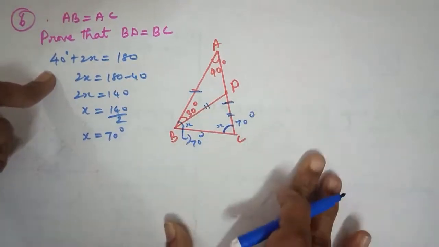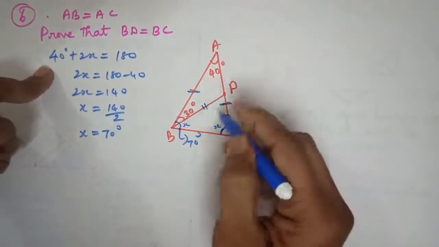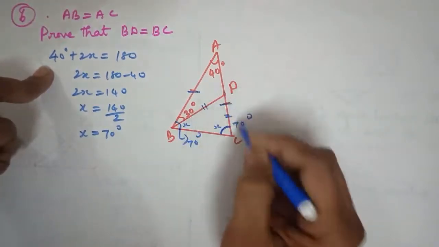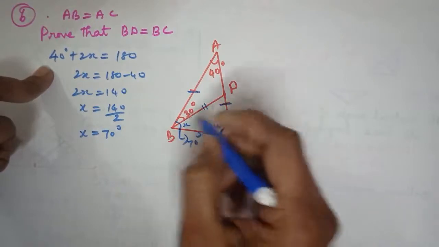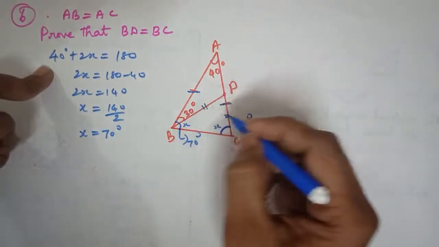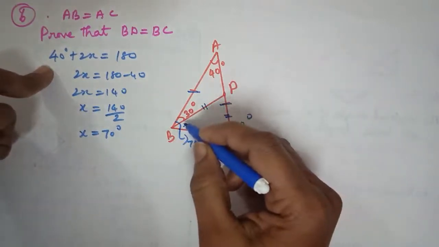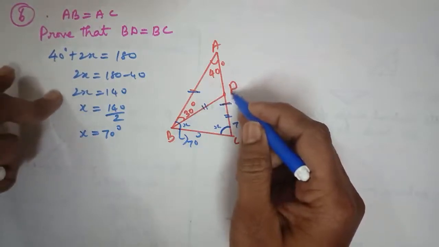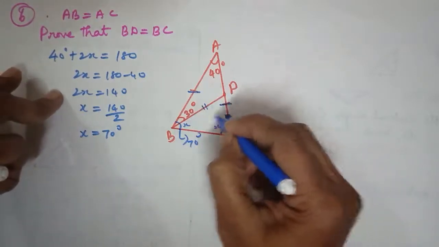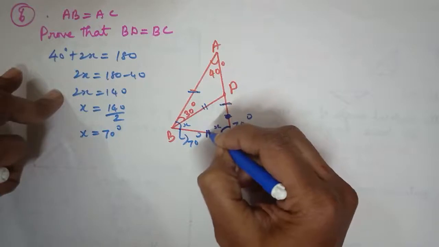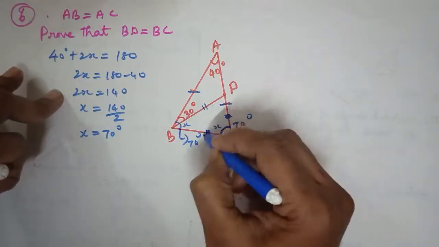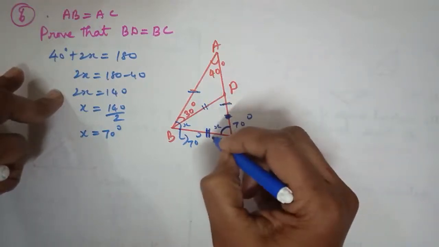Is it clear? Okay, now students listen, we have to prove BD equals BC. Sorry students, not this side, this side. We have to prove BD equals BC.